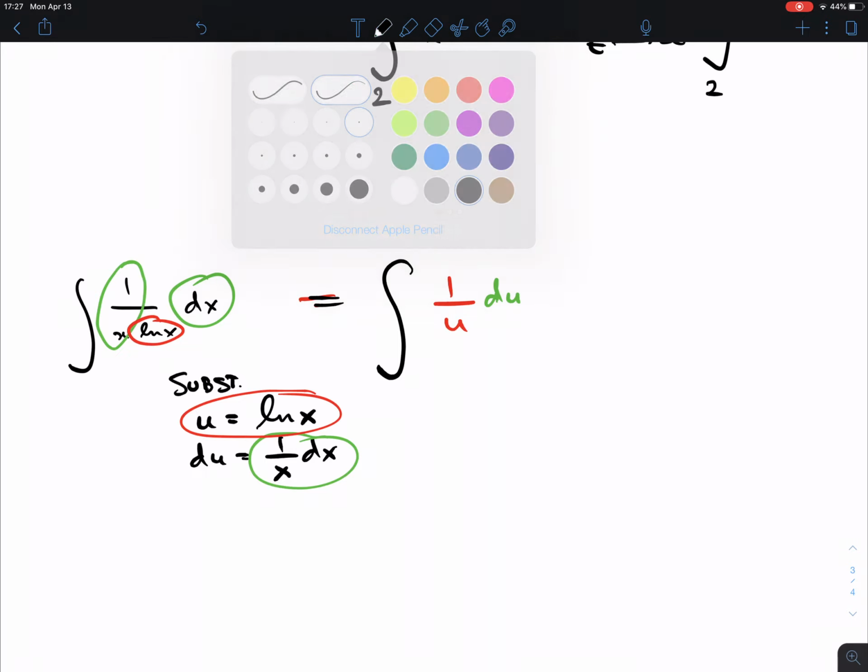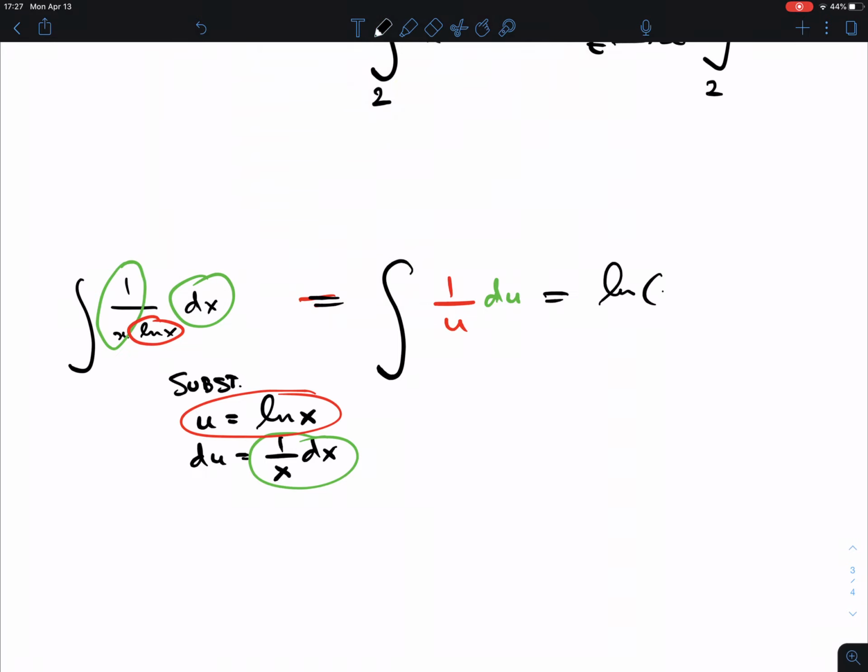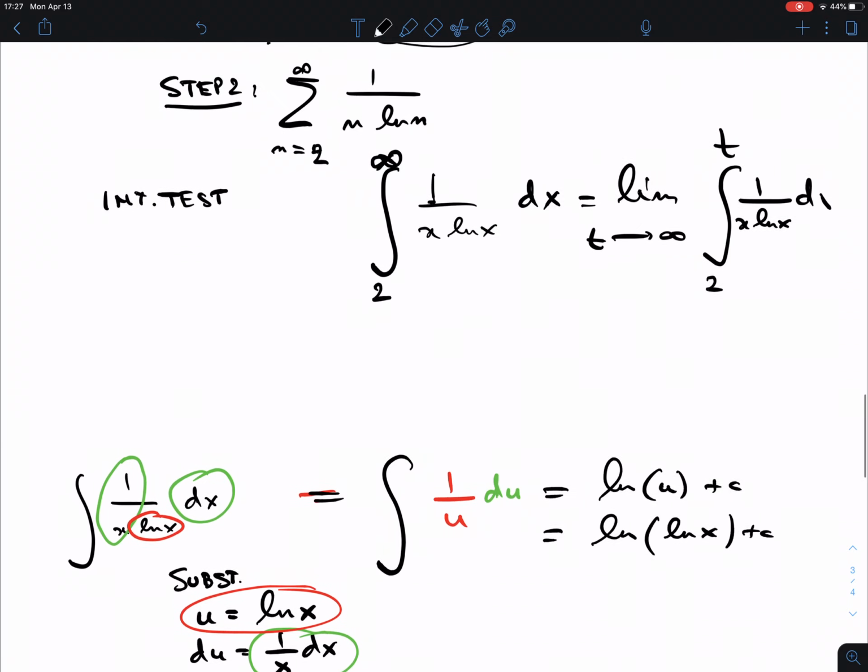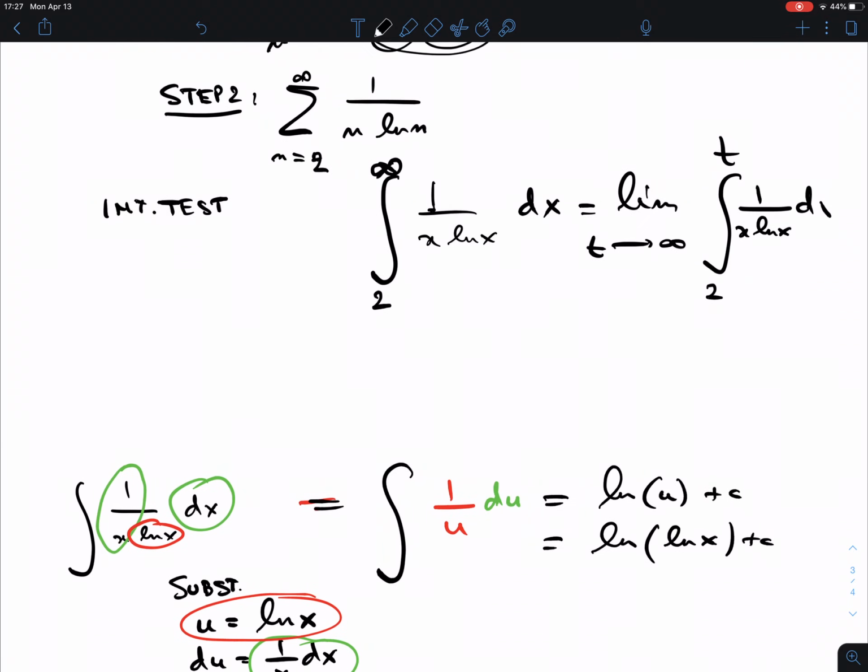Now this is an extremely easy integral. That's just ln of u, plus a constant if you want. And u was just ln x, so it's ln of x plus a constant. But that's not important because we're going to go here now. This is the limit as t goes to infinity of the integral from 2 to t.